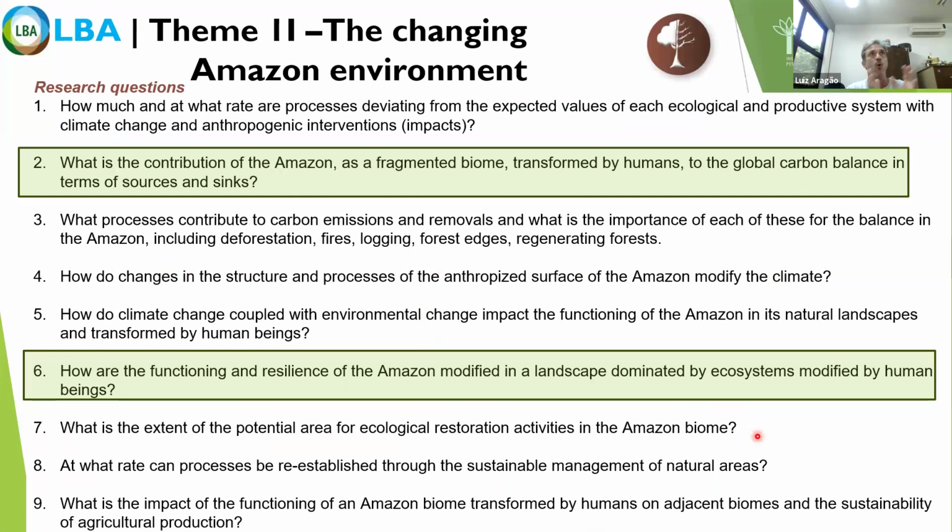So if we go to the second topic, we have then questions related to what's the contribution of the Amazon as the fragmented biome transformed by humans to the global carbon balance, and how are the functioning and resilience of the Amazon modified in a landscape that is dominated by ecosystems modified by humans. So when humans are there, they change species composition, they change the functioning, and what are the impacts of these changes on the ecosystem and on the climate system.